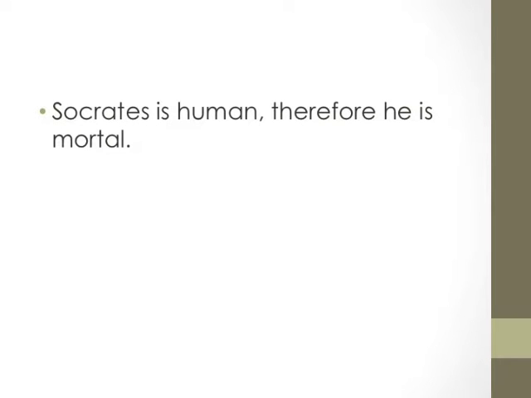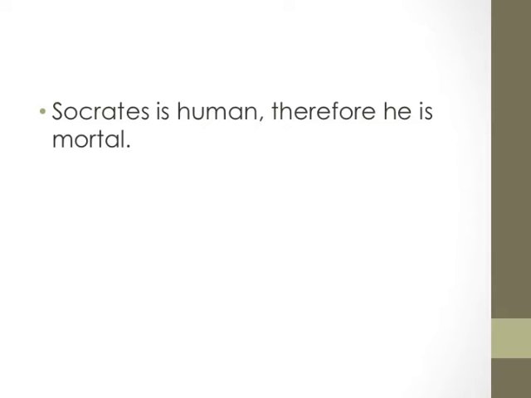Something analogous happens with arguments. For instance, take a look at this one. It seems to portray a perfectly okay inference. Socrates is human, therefore he is mortal. However, if we use one of the techniques for evaluating arguments that we'll learn soon, we'll see that it would be classified as invalid, and we'll see what that means later.